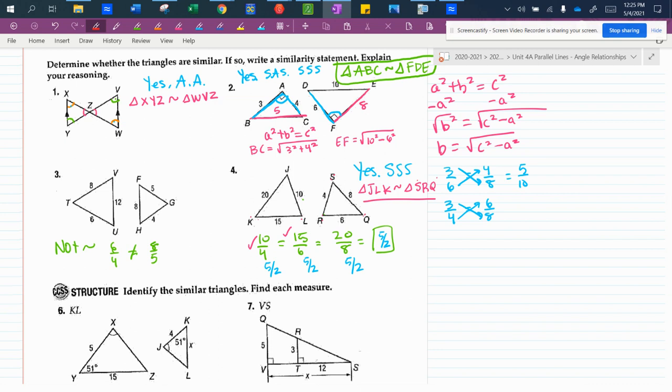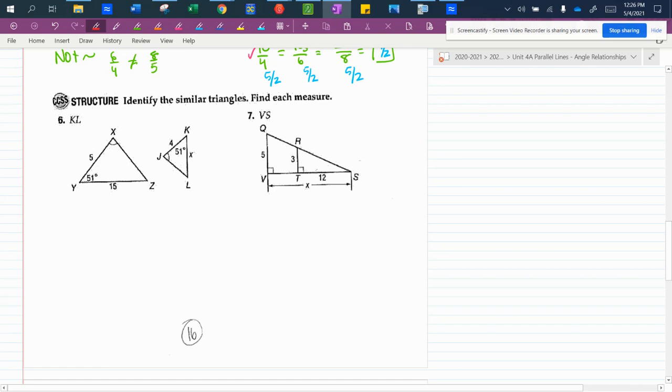So for these last two, before we pack up for today, I want us to redraw these so that they are in the same position. So if I have J, K, it's going to be on this side, and L, because not only is this rotated, it's reflected. So we need to rotate and reflect. This puts 51 degrees here. That's my congruent angle.